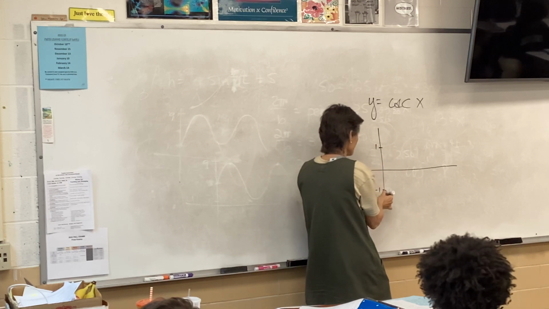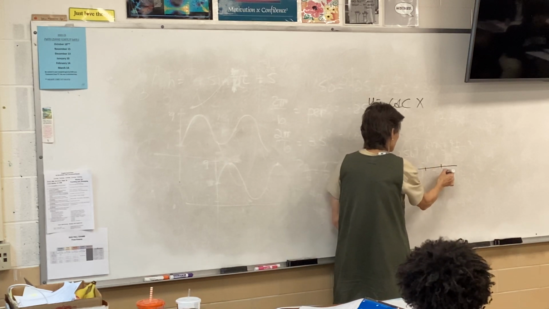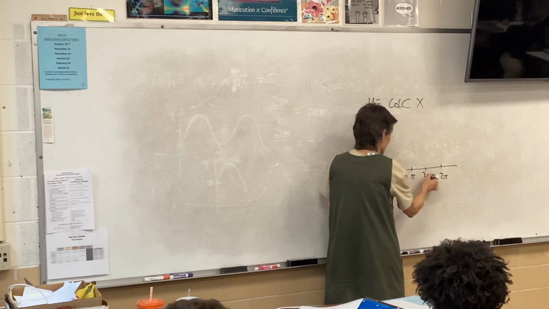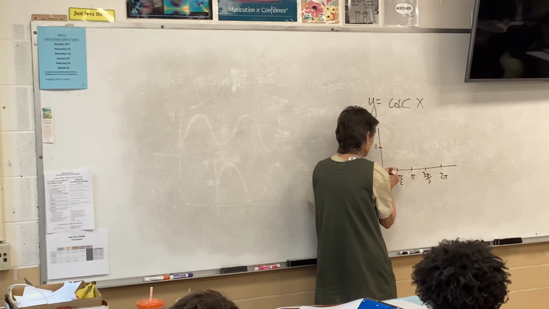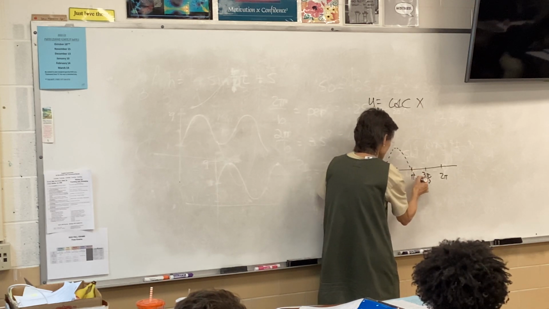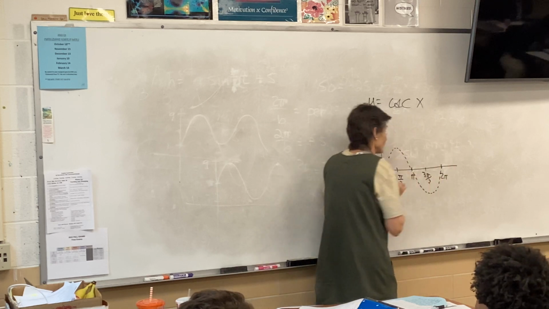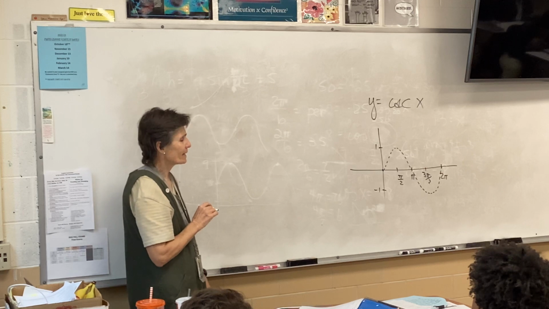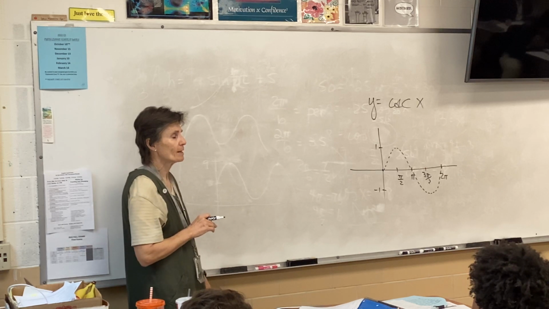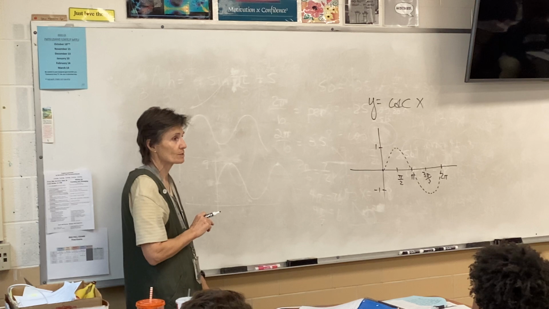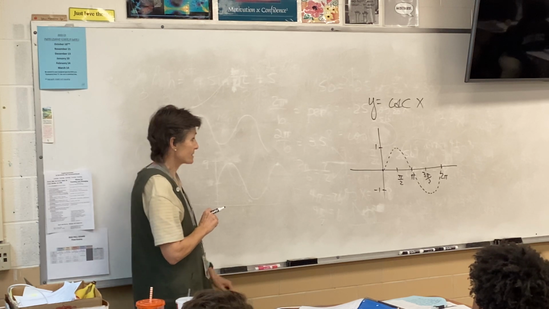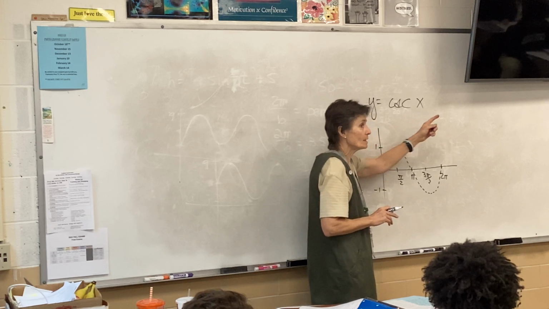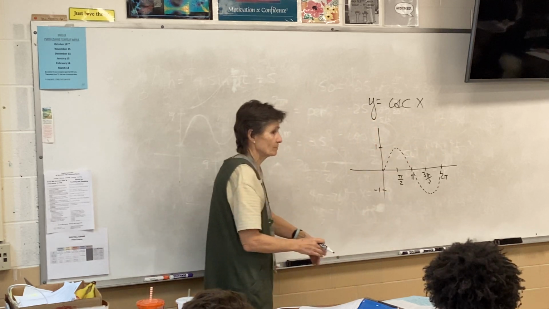I know its amplitude is 1 and its period is 2 pi. This is my normal sine curve. Would everybody agree with that? If you don't already have that memorized, get it memorized. You should be able to crank out sine curves with your eyes closed. This is normal. I don't have any numbers in the problem at all, so it's a standard curve.